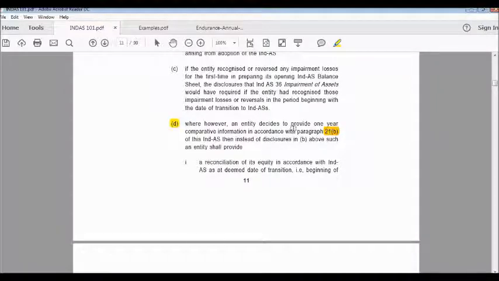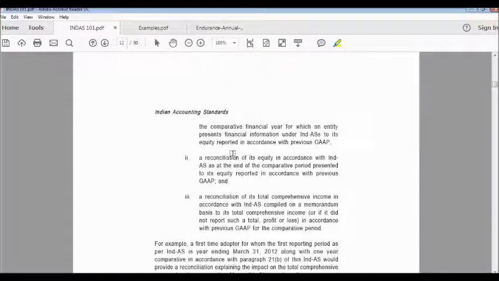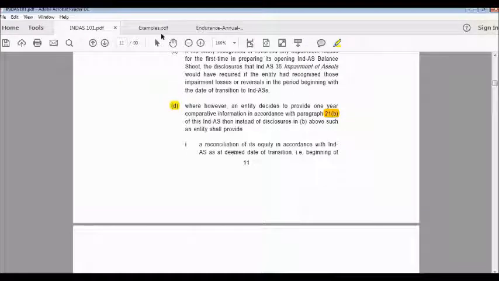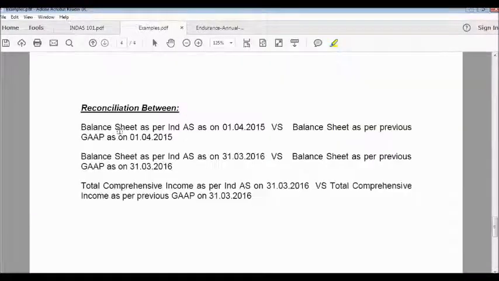Therefore, in cases where you have applied Ind AS to the previous year figures, this clause will be applicable, and it says that instead of the earlier disclosure, such an entity shall provide reconciliations of these things: one, two, three. Let me tell you by way of example how it will work.